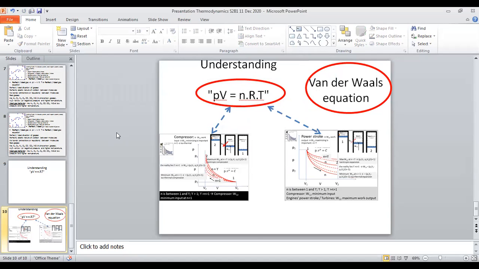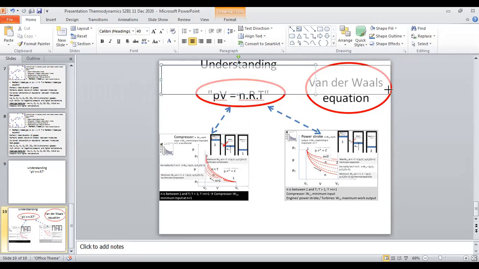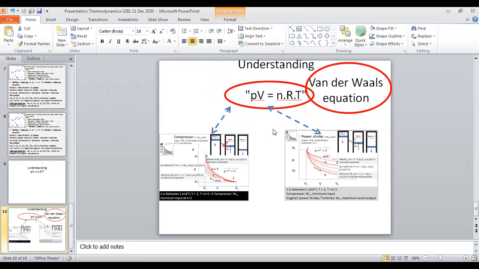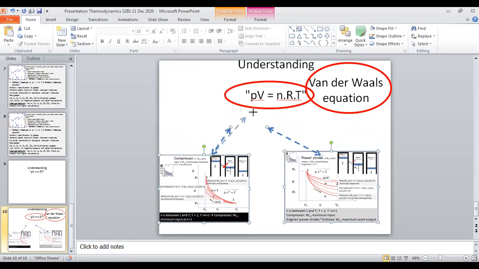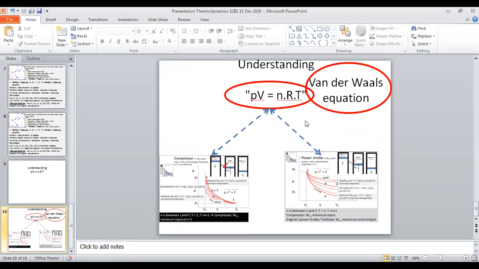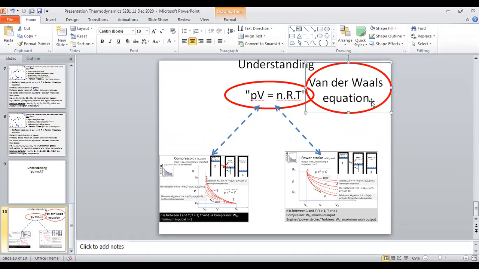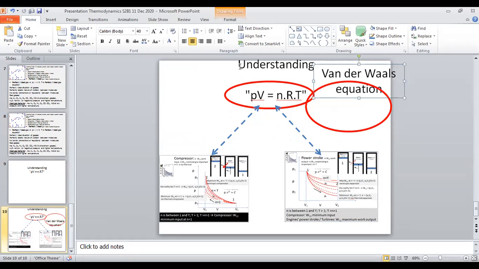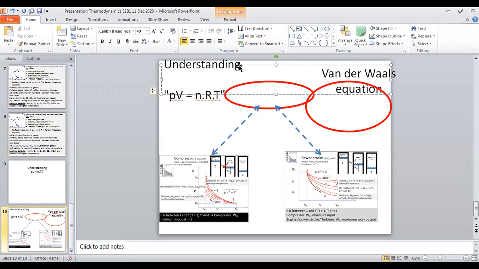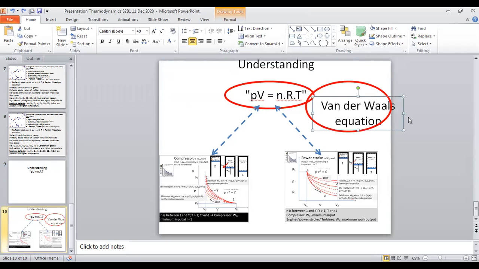Okay, I will do it this way. Using this, and then by the side, this van der Waals equation.